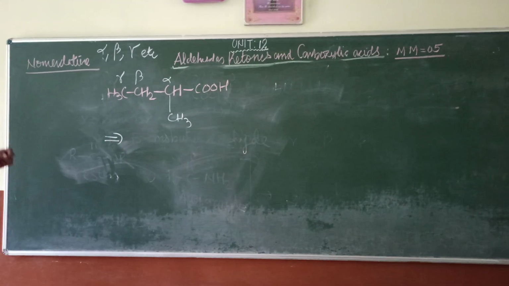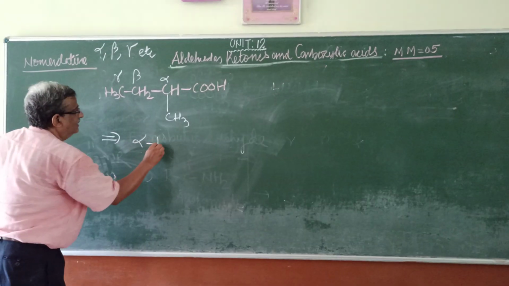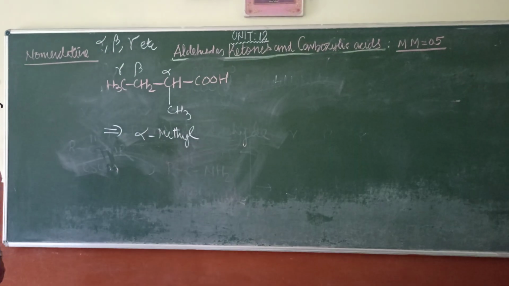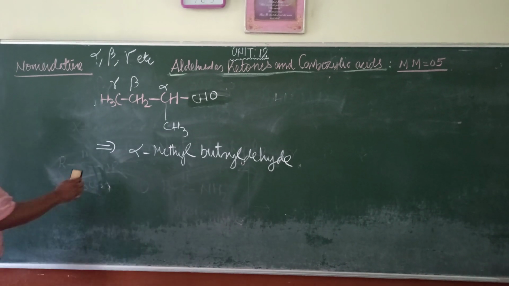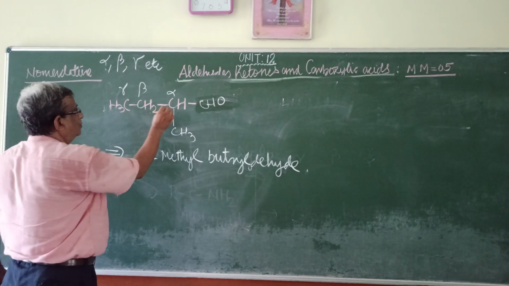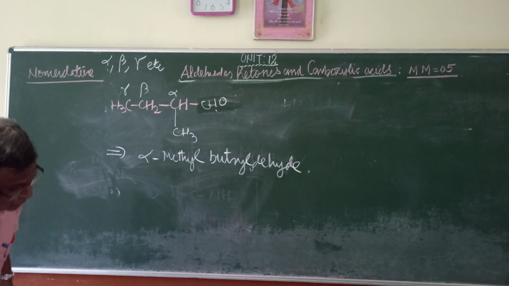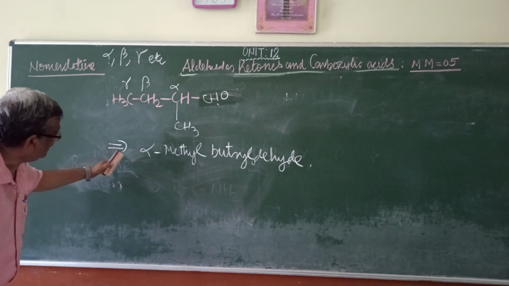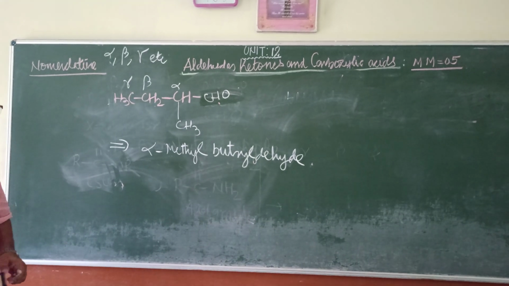So, the name of this compound is alpha methyl butyryl. Now I give you a second example. This is CH3, CH2, CH, CHO, and this is the methyl group. Its name is alpha methyl butyraldehyde.